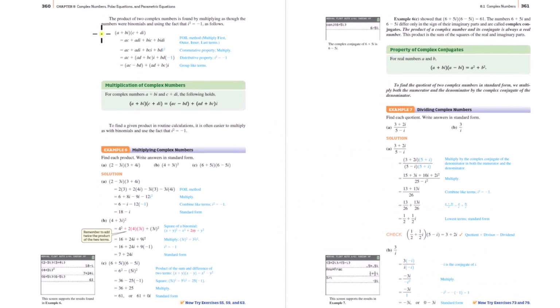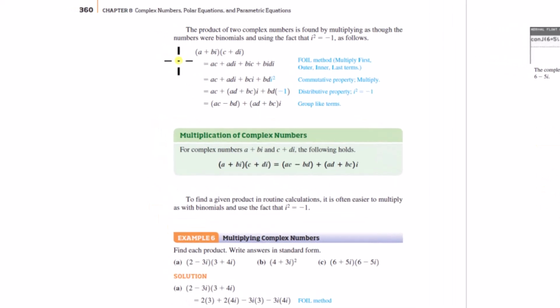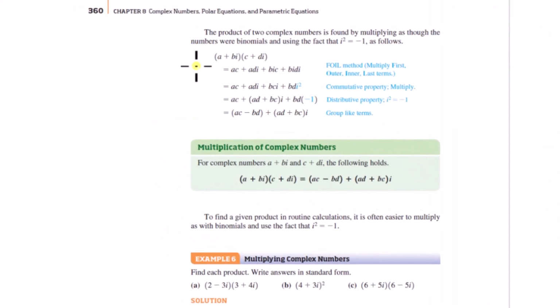So now, how would you think about multiplying two complex numbers? Easy. Again, it's just, okay, so we've got one complex number, A plus BI. You've got another complex number, C plus DI.